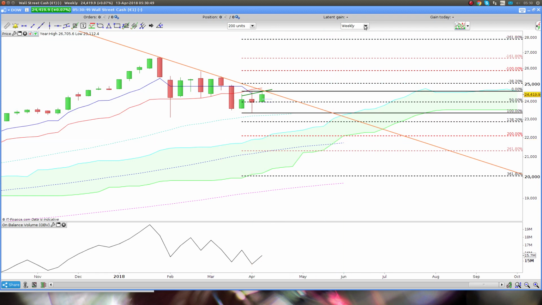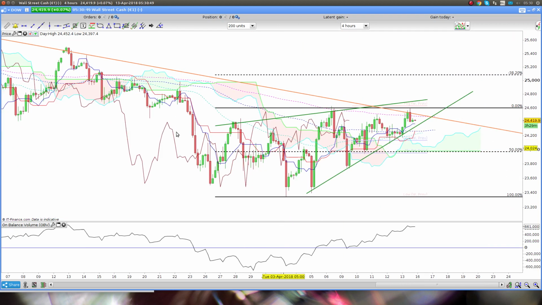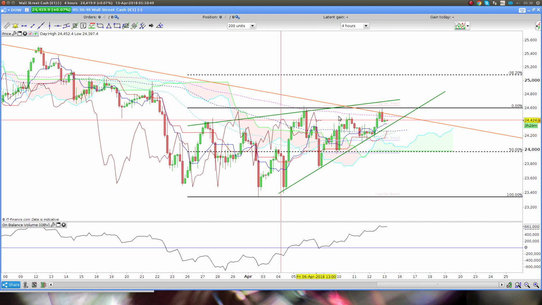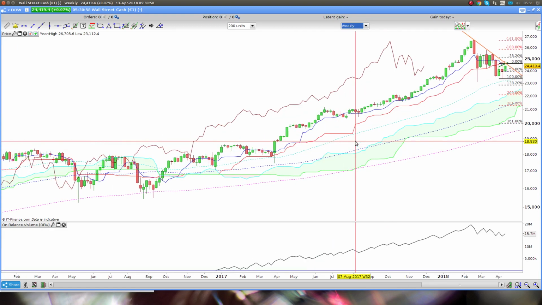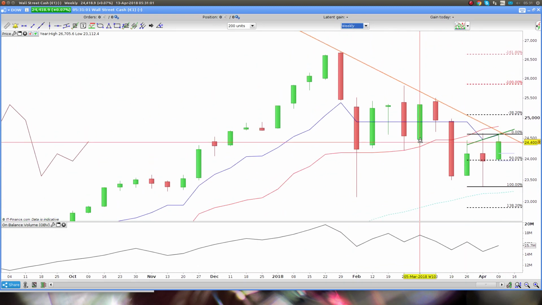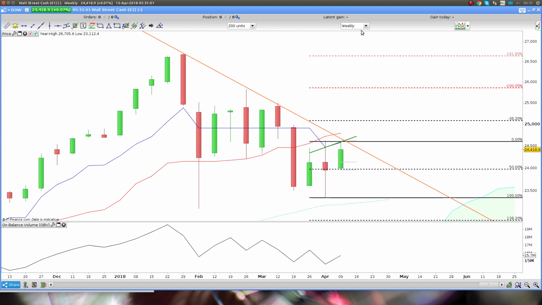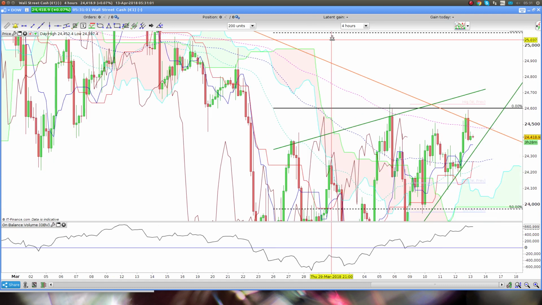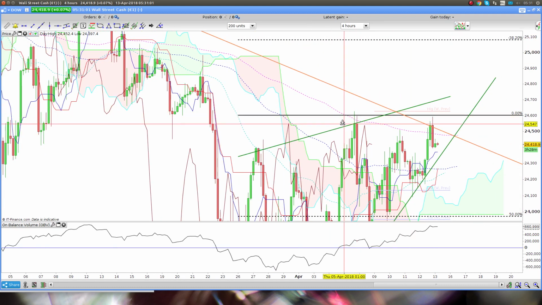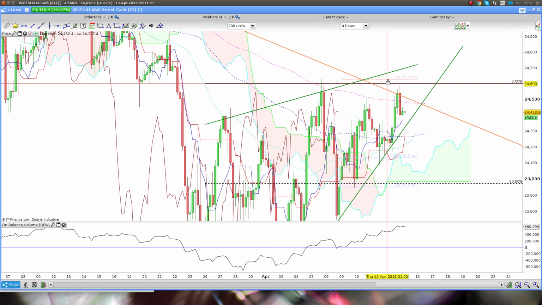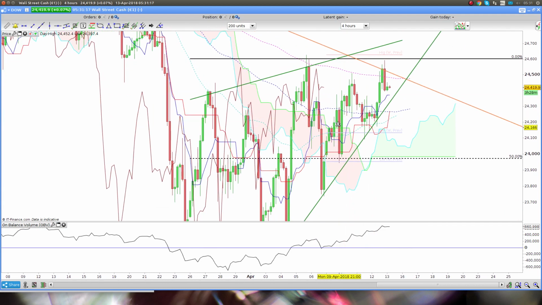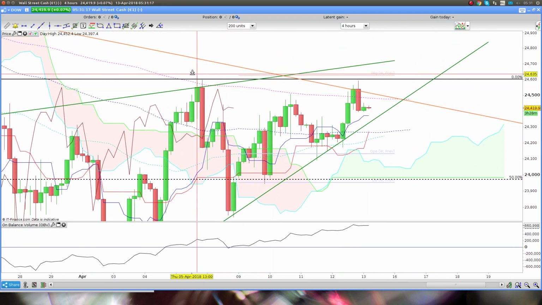I just want to make sure I drew that correctly. Yeah, correct. So we still haven't broken this weekly range to the top, although we've come to test the top again. The jury's still out. We still need a break above here for it to be confirmed bullish.